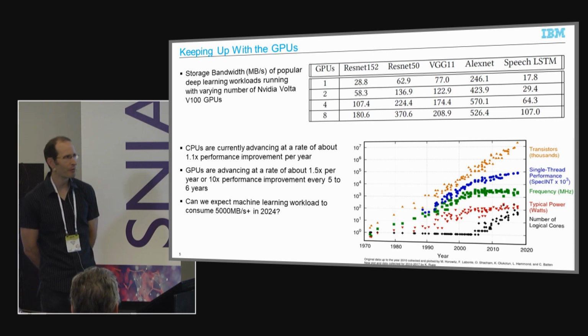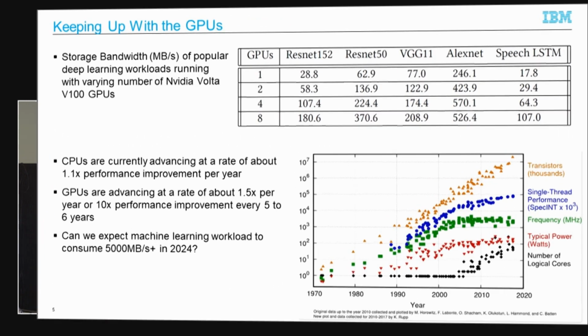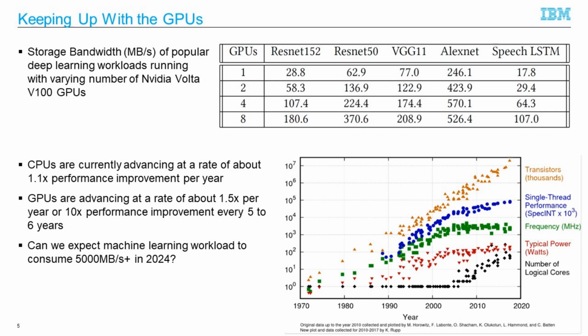Just as a side note, if we're looking at the growth rate for CPUs and GPUs, we're seeing 2 vastly different things. This chart here is a chart that I took from a researcher called K-Roop, who has nothing to do with IBM. It's plotting the advancements in CPU speeds over the last 40, close to 50 years. And what we're seeing is that CPUs no longer really follow Moore's law.